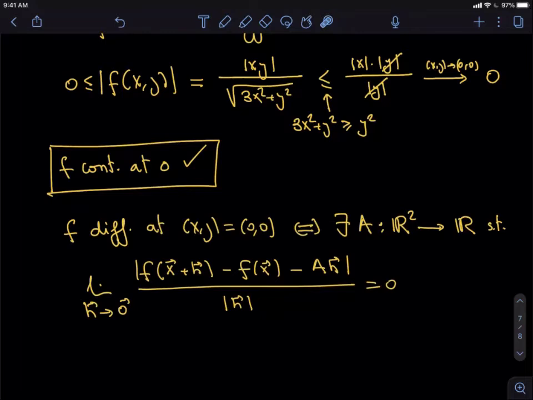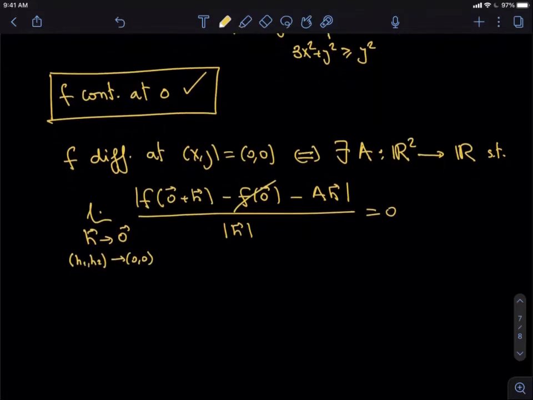Here, when I wrote this point x, this is the point where I want to check differentiability, so this is actually (0, 0). I know f(0) is 0, so I can already get rid of that. And this h is some point (h1, h2) in R2. So let's write this down carefully.